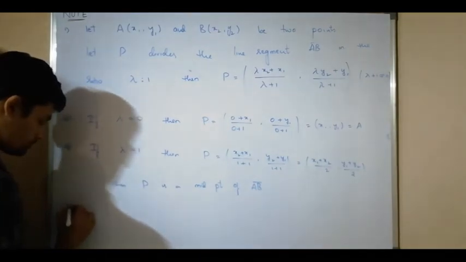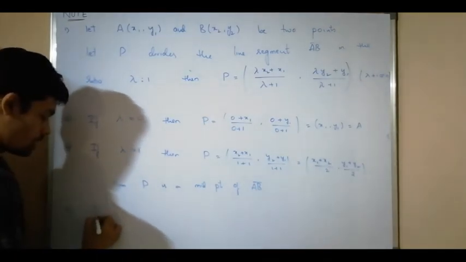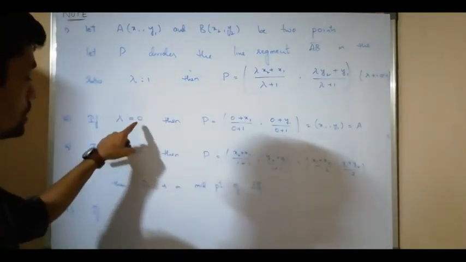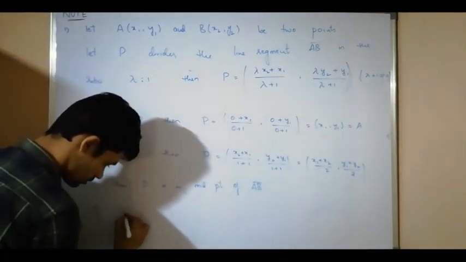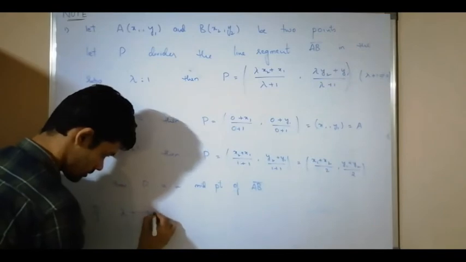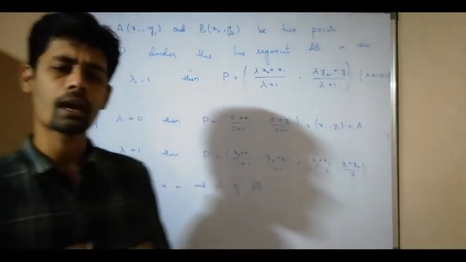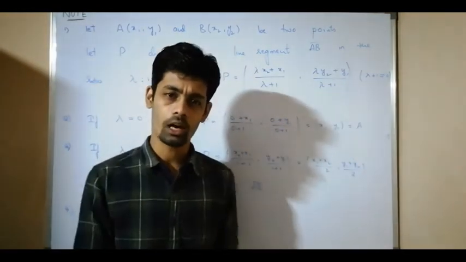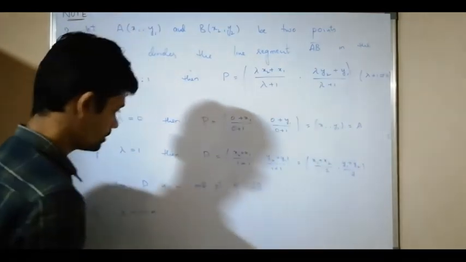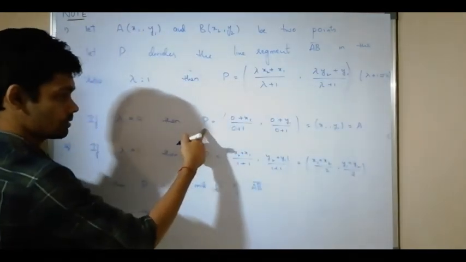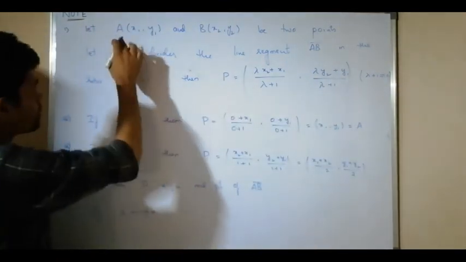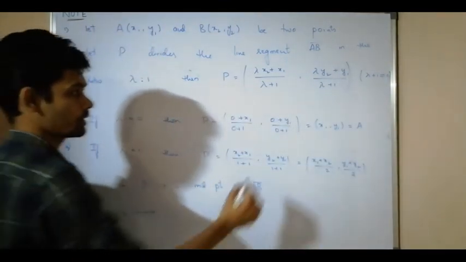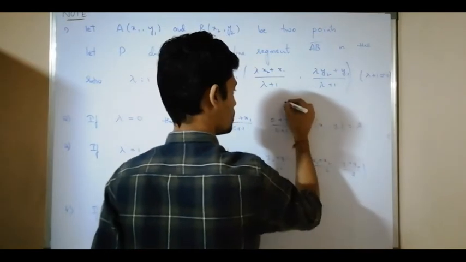Fourth one: now lambda I took 0, I took 1. Now if lambda tends to infinity, hence lambda I am going to take as large as possible, the largest number.